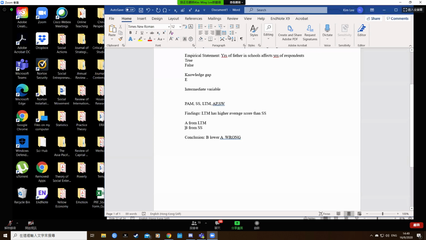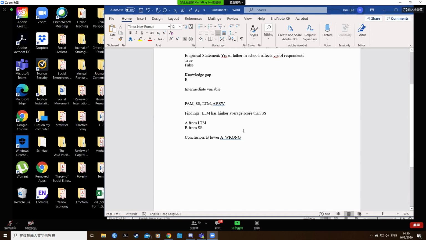B can have a higher score. By the same token, although A is from LTM and LTM has a high average score, A may have a lower score in social research. So when you conclude B has a lower score than A, this conclusion is wrong. Can you get the idea?